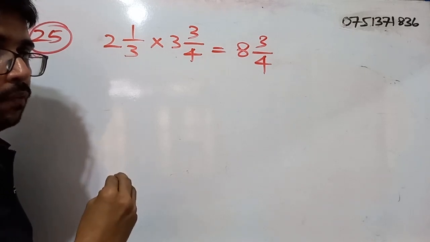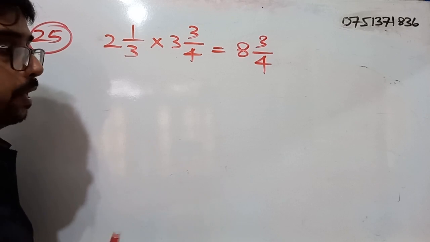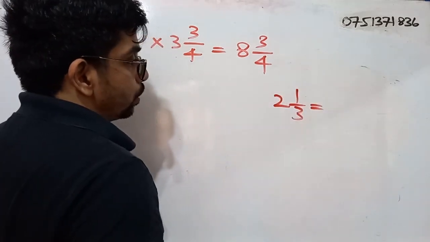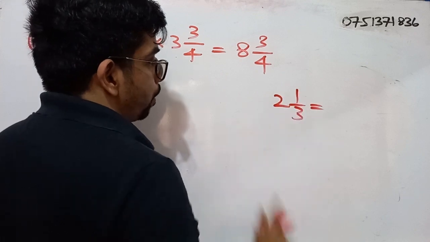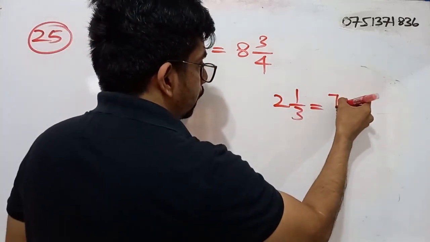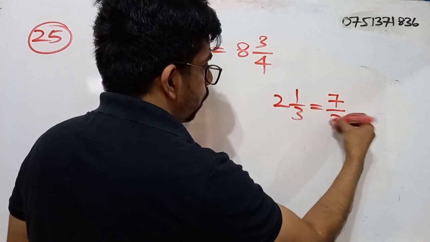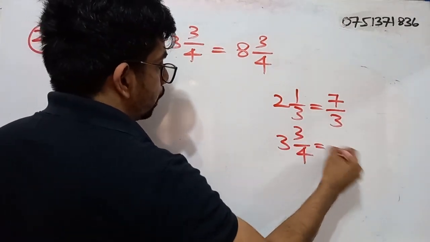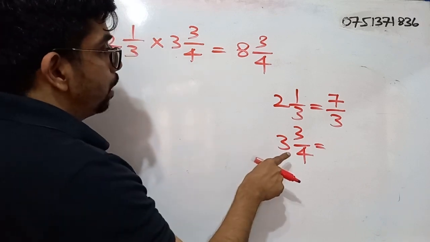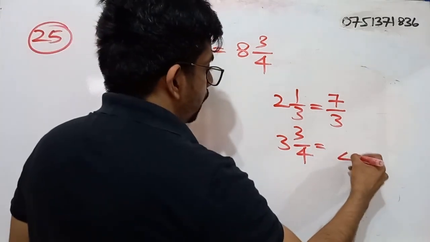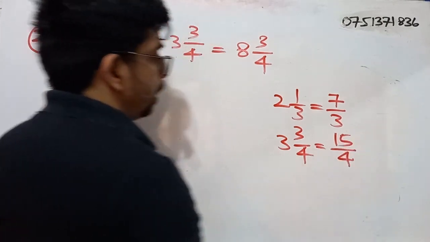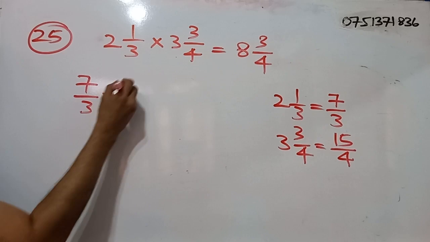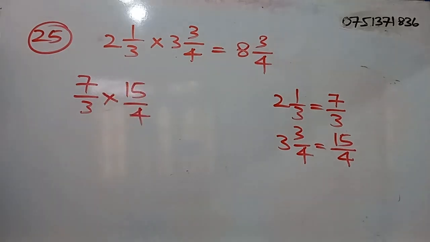So the first thing is we need to convert them into improper fractions. 2 and 1 by 3, right? So when we convert this into improper fractions, the numerator will be 7 and the denominator will be 3. Take 3 and 3 by 4, right? If we convert this into improper fractions, the denominator will be 4 and the numerator will be 15. So I can write 7 by 3 multiplied by 15 by 4.